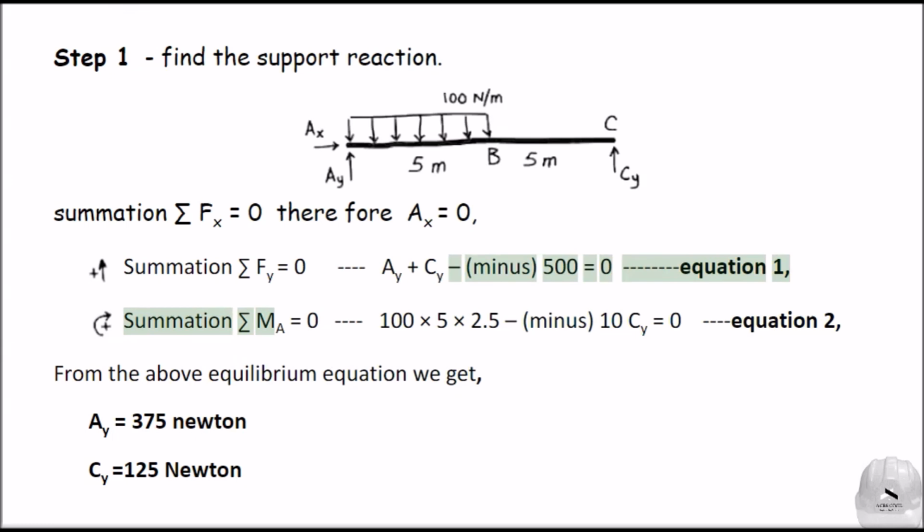Summation M A equals 0: 100 times 5 times 2.5 minus 10 C Y equals 0, equation 2. From the above equilibrium equations we get A Y equals 375 Newton and C Y equals 125 Newton.